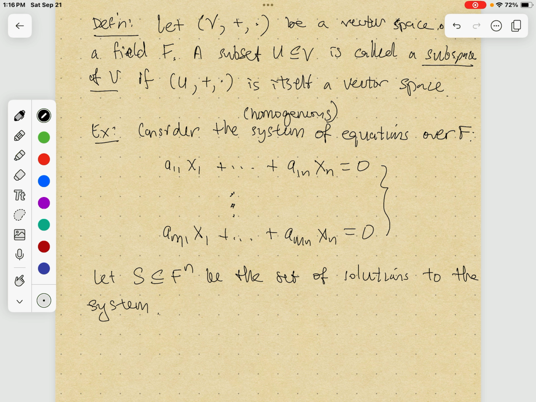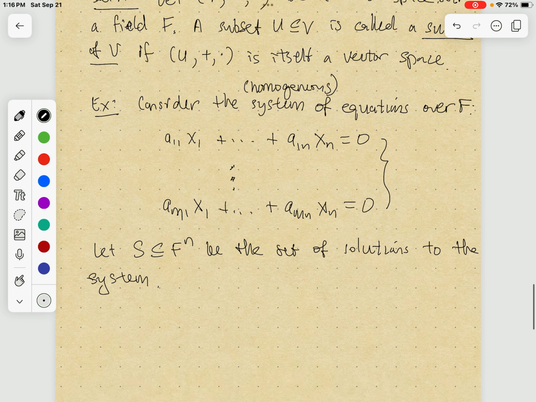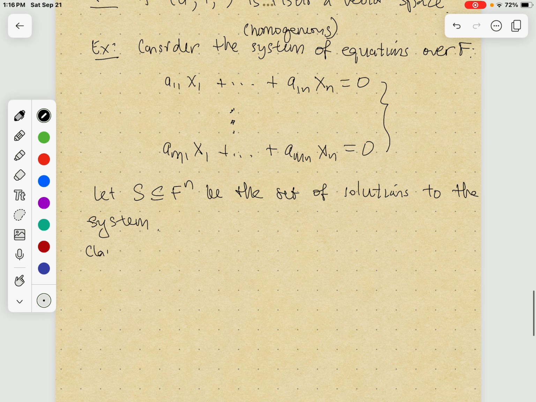I claim that this is in fact a subspace of F^n. So the claim is S is a subspace of F^n.